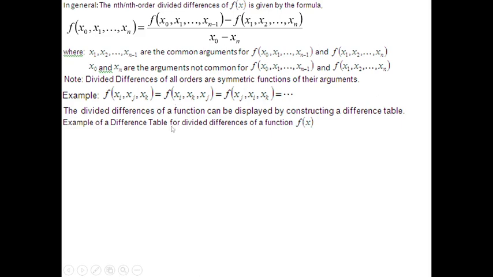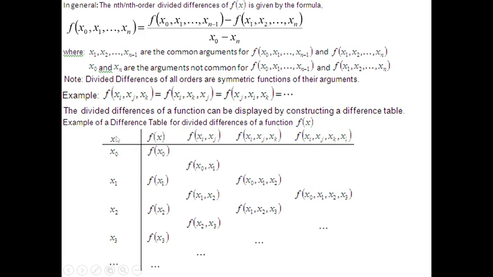Here is an example of a difference table: we have x, followed by f of x, followed by f of x sub i, x sub j, the first order divided differences of f, the second order divided differences of f, and the third order divided differences of f.